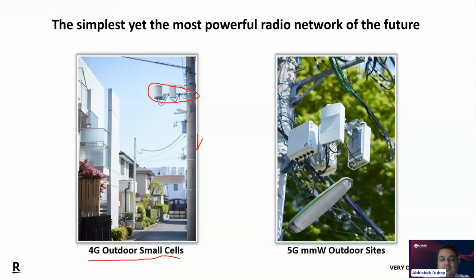Okay, so this is another example. Here we are using 5G millimeter wave outdoor. You can see here this is millimeter wave, and the power required for this is small, and this could be another millimeter wave outdoor site.